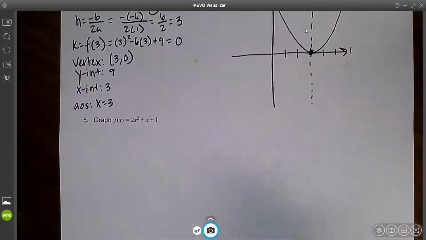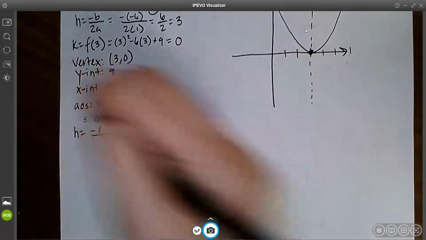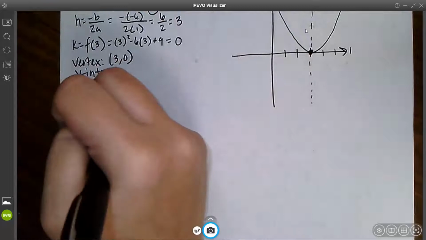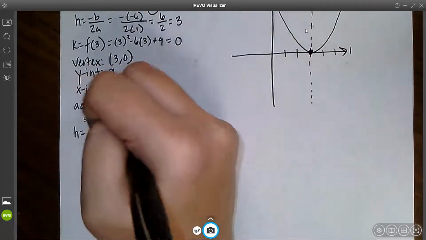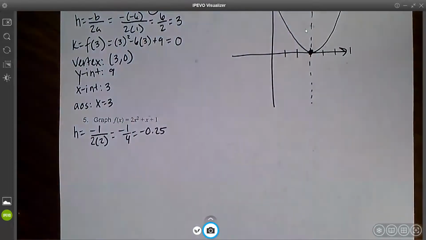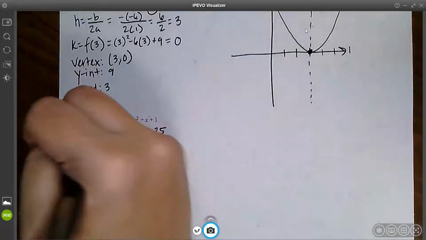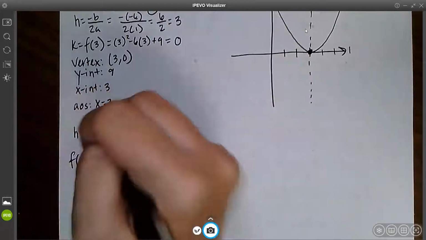So this one, I'm going to use the HK. So H equals negative B, negative 1, over 2 times A, which is 2. So I have negative 1/4 or negative 0.25. Then I need f of that negative 0.25.